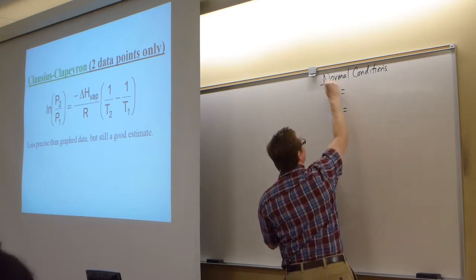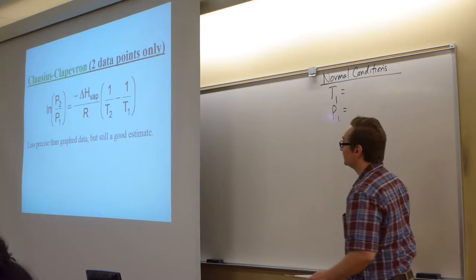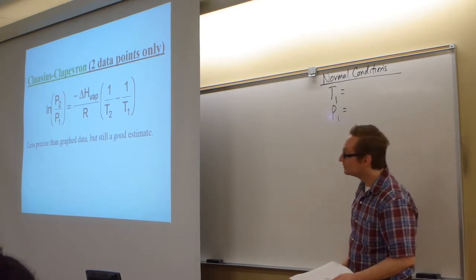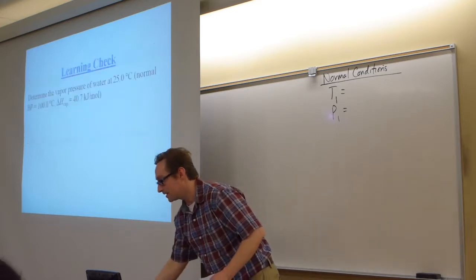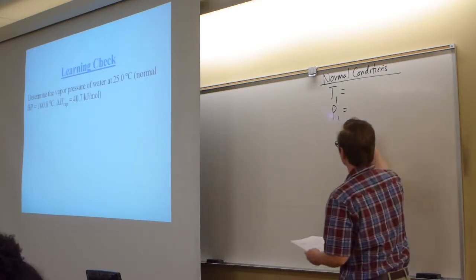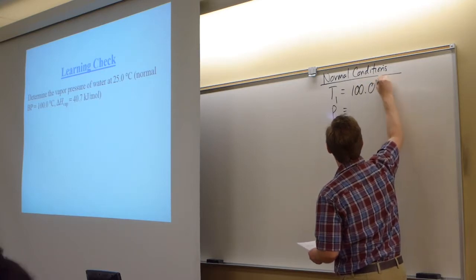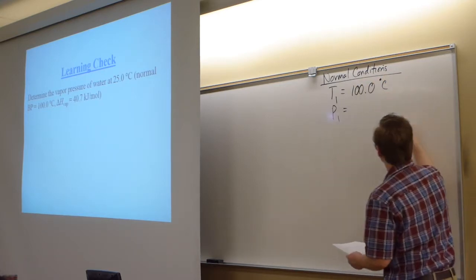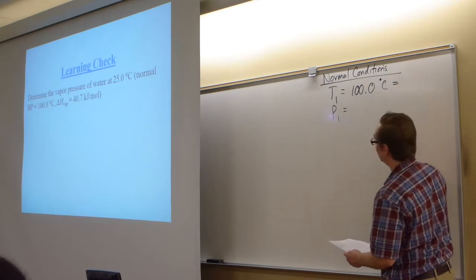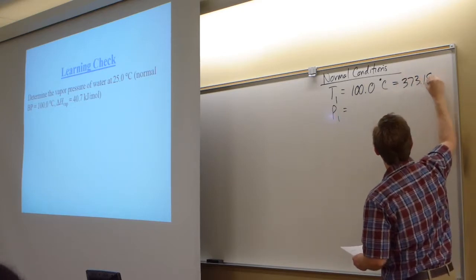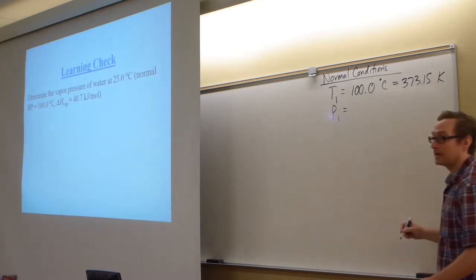So for normal conditions, the normal boiling point of water is what? 100 degrees Celsius, right? So we'll take that as our T1. Of course, in Kelvin, it's going to be 373.15 Kelvin.